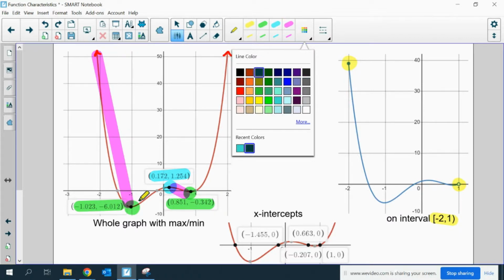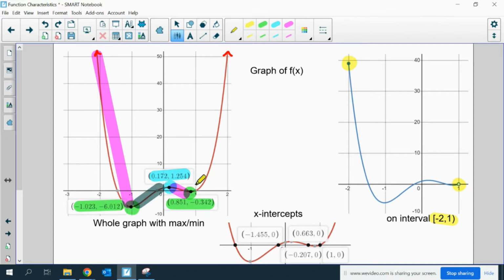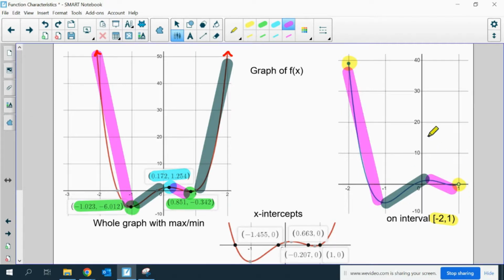So I'll draw that in whatever this color is. And then we just have to remember that we have this domain restriction. So if I'm looking at where these increasing and decreasing intervals are on this interval, that's kind of what I'm looking at.